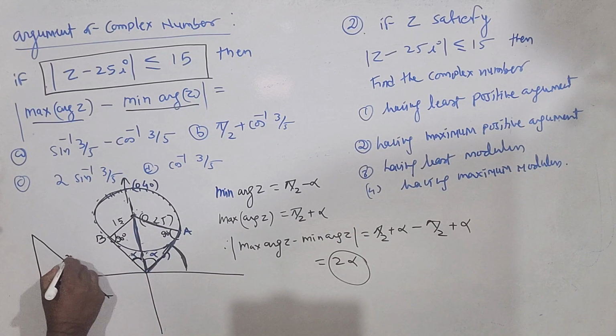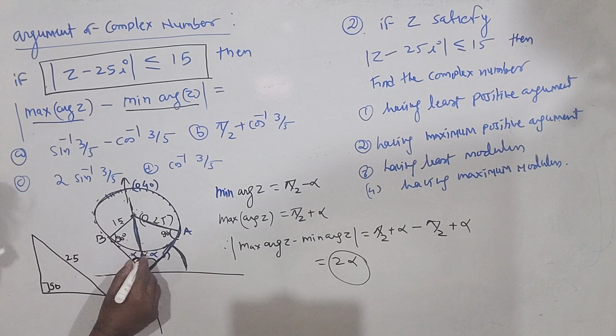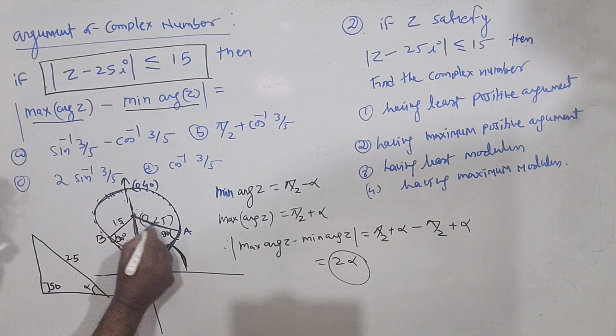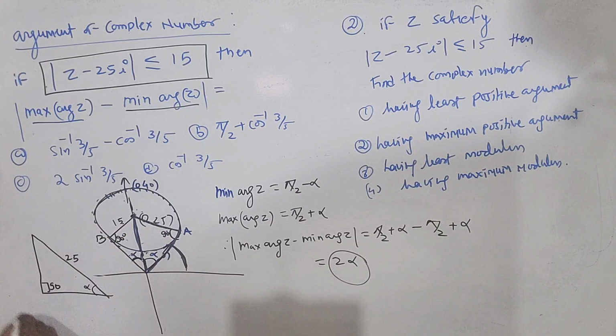So this is 25. Got it? And the length which is opposite to alpha, suppose this is alpha, is the radius. Radius is how much? 15. So this is 15 and by the Pythagoras theorem this will be 20. So 15 can be written in lowest form as 3, this can be 5, this can be 4. A 3, 4, 5 triangle. Correct? A 3, 5, 4 triangle.